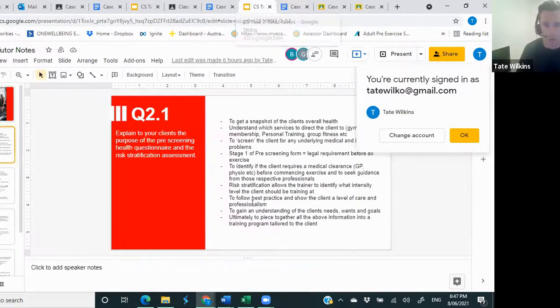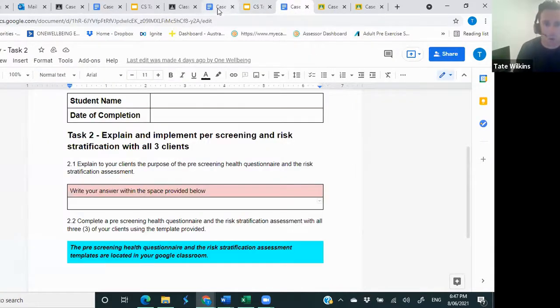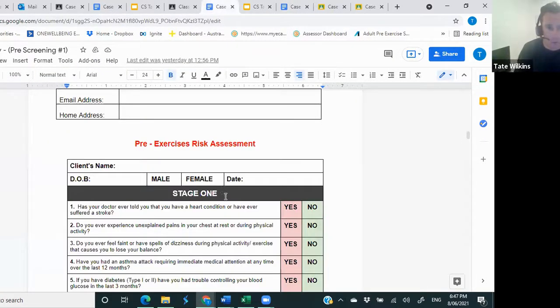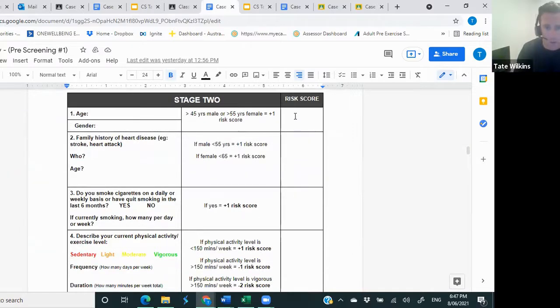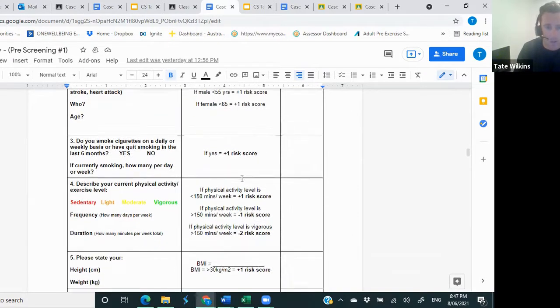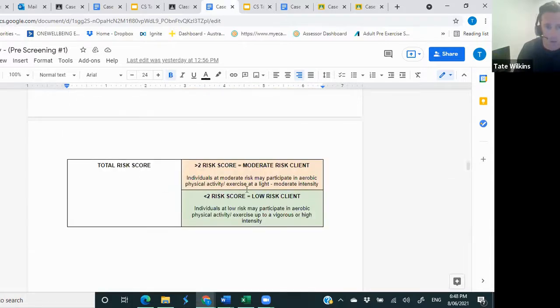So I put it like there's actually a lot of reasons, but that's pretty much the main reason. And what you're talking about there, I'll get on the screen. You're talking about stage 2, which is the second part where you go through and put down a risk factor +1. And as you said, that gives you a risk score. So if you were to be above 2 risk factors, that's telling you they should only exercise at a moderate risk.